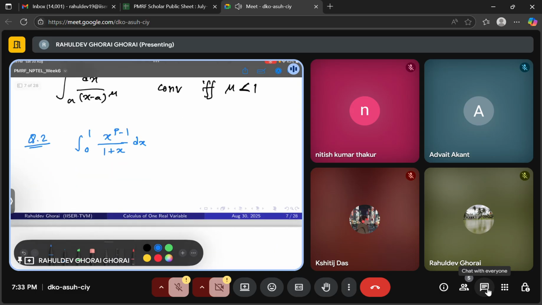What can you say about the convergence of this one, depending on the p value? You try, I'll then do.